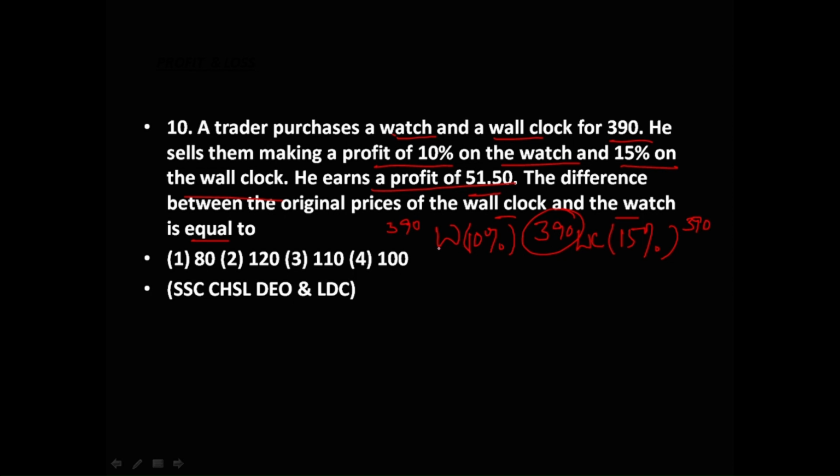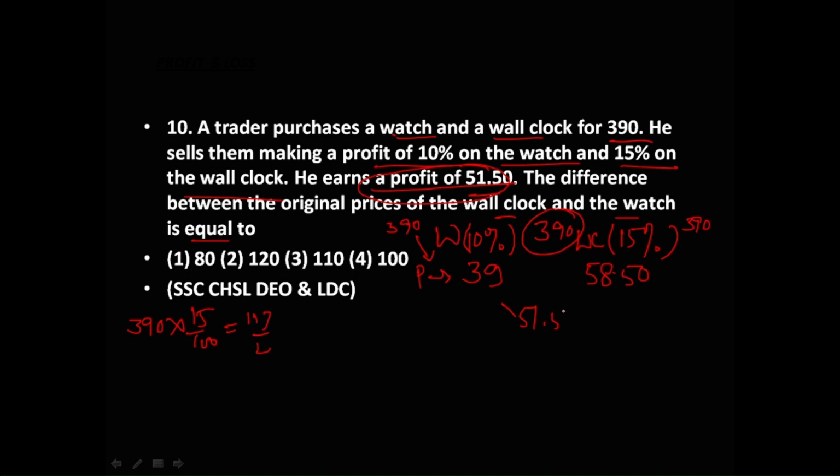In that case, the profit amount on the watch is 39 because of 10%, and on the wall clock it's 390 into 15 by 100, which is 117 by 2, so it's 58.50. Here the net profit is 51.5.